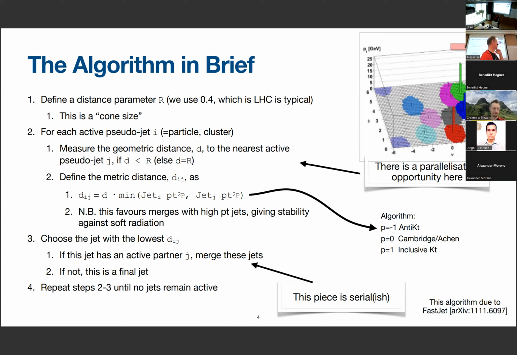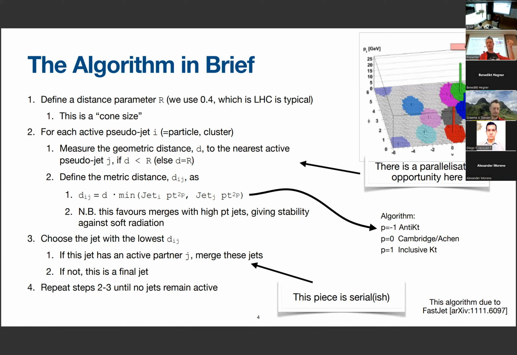Then you pick the jet that has the lowest value of this metric distance, and if it has an active partner, so if you found another particle close by, then you merge these two. If not, then this is a finalized jet.